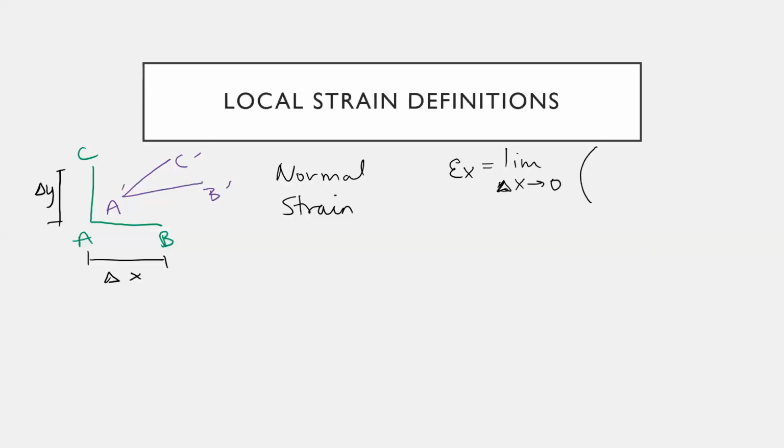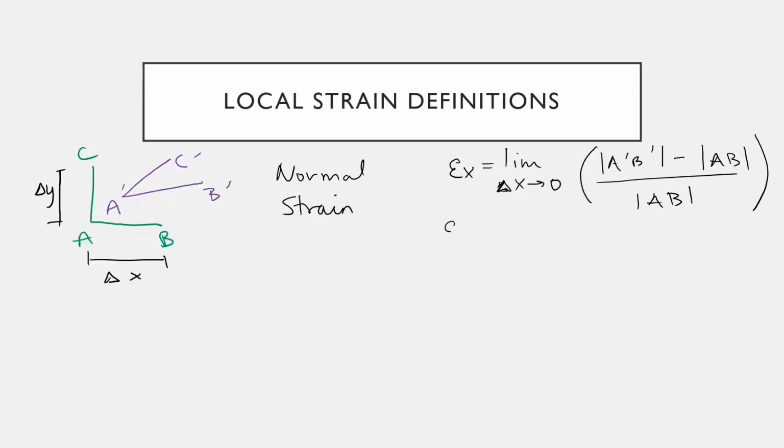So the final length is going to be the length A prime B prime. The initial length is AB, and then we divide by that. So A prime B prime is presumed to essentially be the same as the horizontal distance, even though it's slightly inclined, if that angle is small enough, then that inclined leg has the same measurement as the horizontal distance between them.